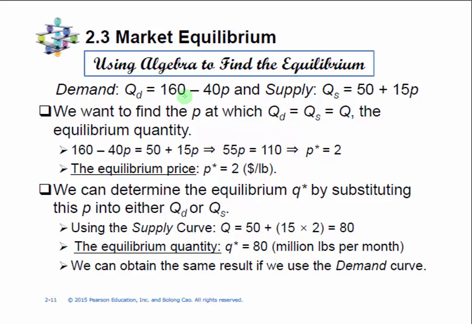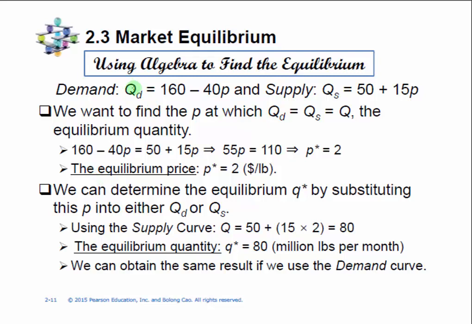We want to find the equilibrium point in the market, a price such that the quantity supplied equals the quantity demanded. That's exactly how we solve this two-equation, two-unknown system.